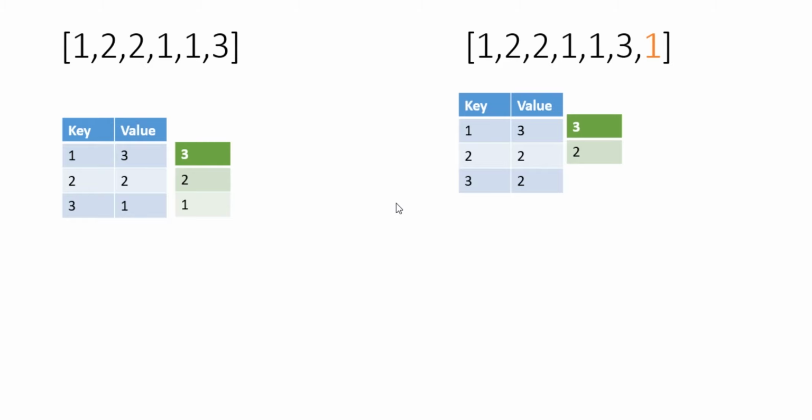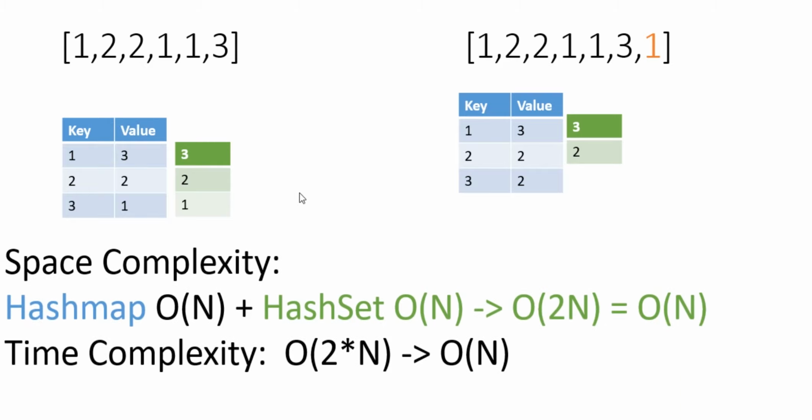Alright, so what's the space complexity and time complexity? We're gonna use a hash map and a hash set. At most each would be the size of this array, so basically it's gonna be O of n for the hash map plus O of n for the hash set, so it's gonna be 2 times n. Eventually it's gonna be O of n, because 2 is a constant value.